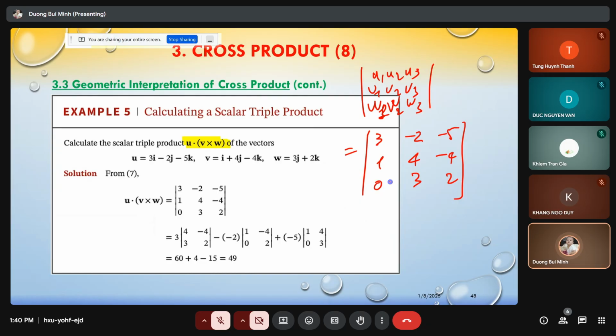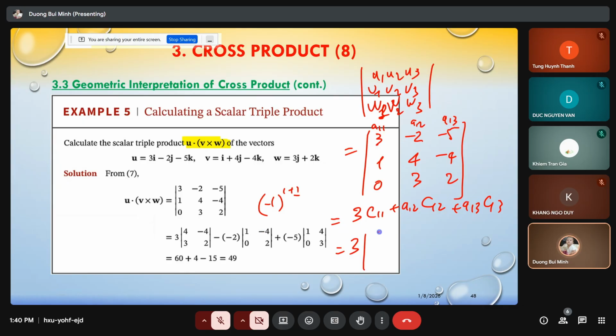Right? This is a determinant. When we calculate the determinant, we have 3, and then C11. For example, here A11, A12, A13. So you get A11 times C11, plus A12 times C12, plus A13 times C13. You remember? Okay, and then you get 3, and here this is position 1,1, so minus 1 to the power of 1 plus 1, you get 1.